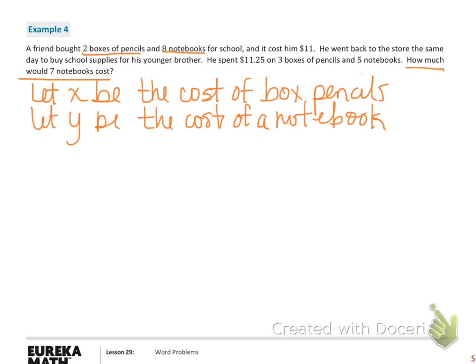Here's a piece of information I can use my variables to write. 2 times the cost of a box of pencils would be 2 times x, plus 8 times the cost of a notebook, if I can get 8 notebooks and 2 boxes of pencils for $11.